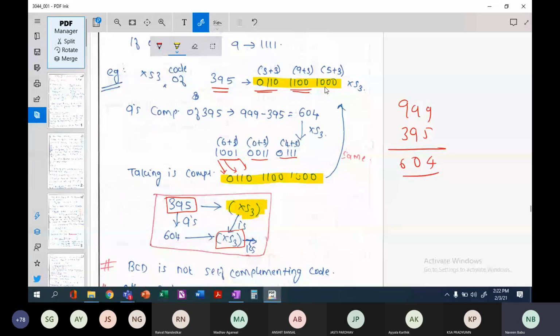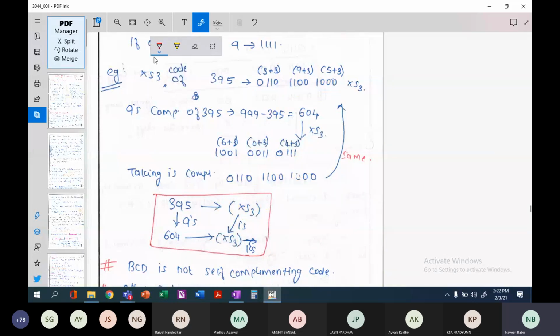Again, I repeat, what did we do? You take the XS3 code of a given number, right? So maybe I'll erase the highlights so that we can repeat. You take the XS3 code of this number. Now you take 9's complement of this number and take XS3 of this number and take the 1's complement, you will reach the same number.